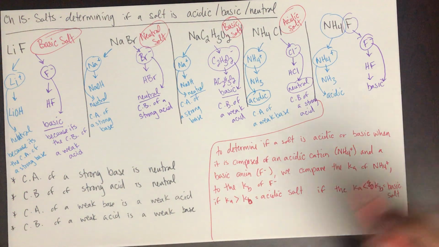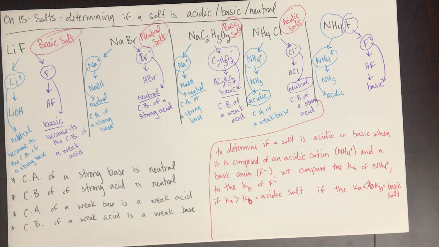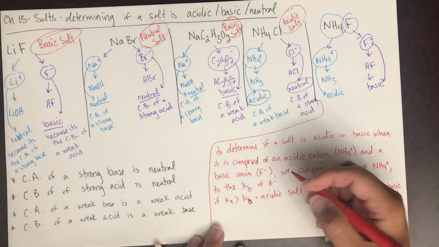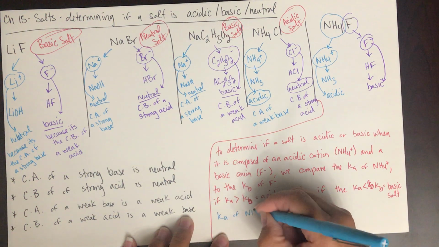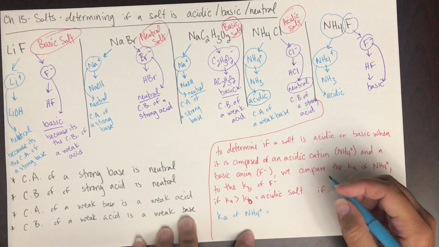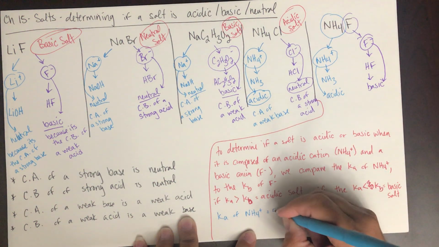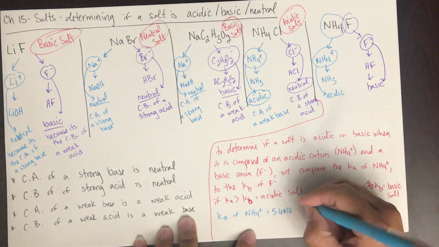So the Ka of ammonium, let's see, the Ka of ammonium is 5.6 times 10 to the negative 10th.